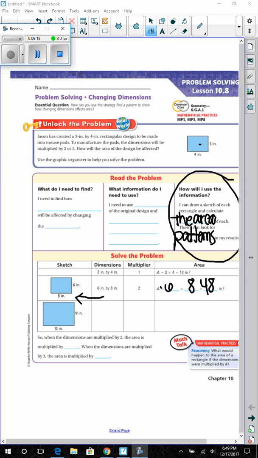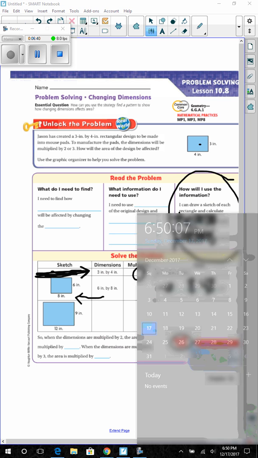Now, I want to point out quickly in this first section right here, the dimensions that they started off with was 3-inch by 4-inch. So, the multiplier 1, they used the same numbers.